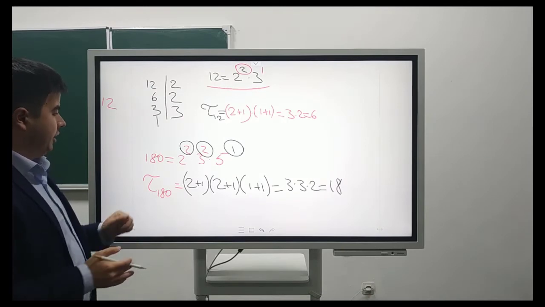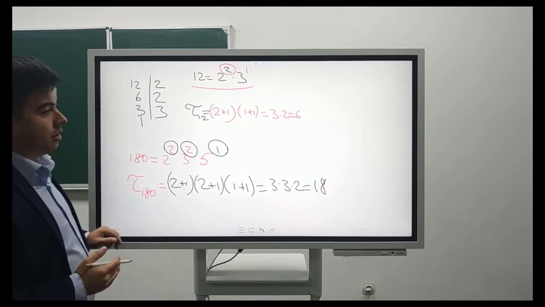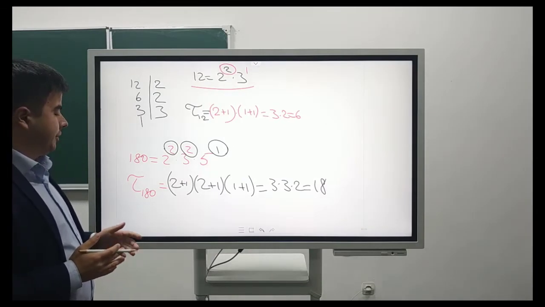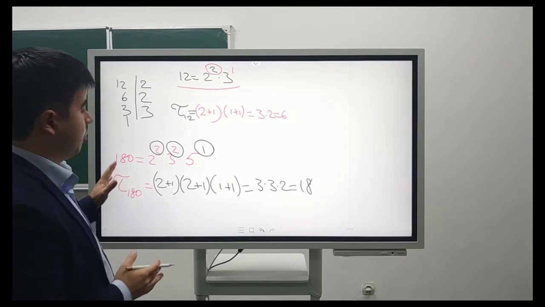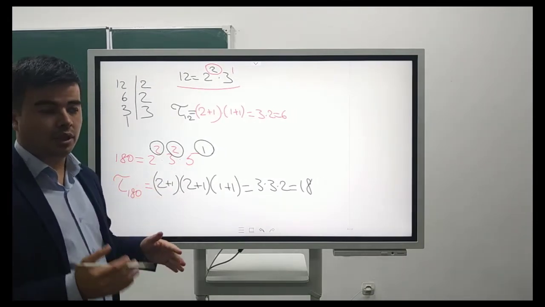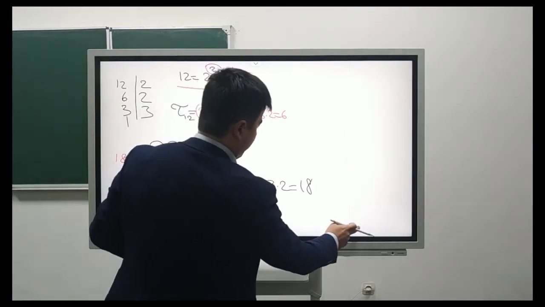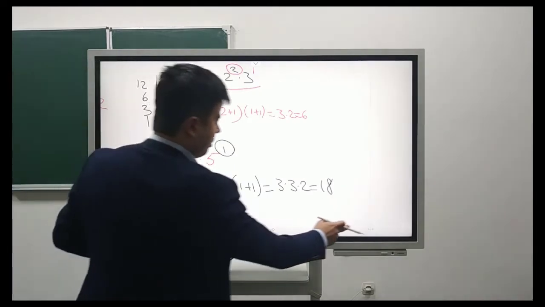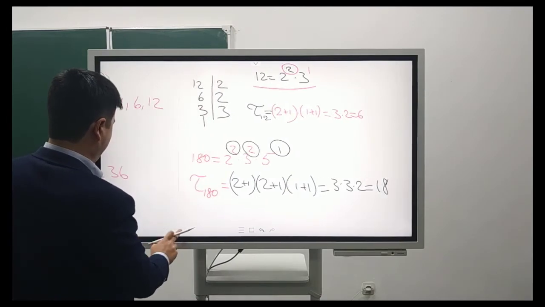Okay, and now let's continue. The next topic is the sum of divisors. So we considered the number of divisors and now the sum of divisors. For example, again, take the number 12. The sum of divisors of 12, we can see the divisors of 12 here.